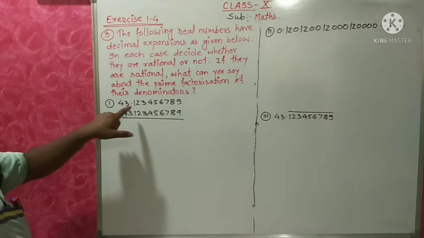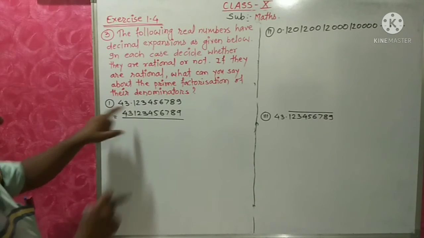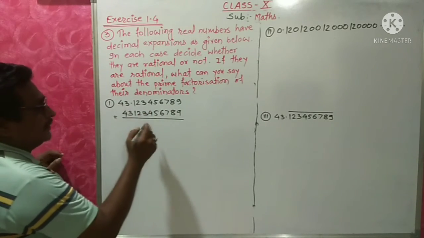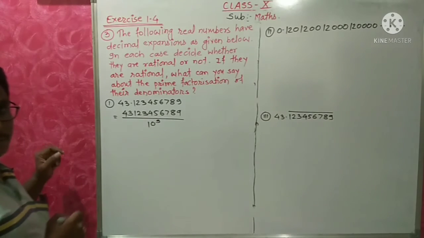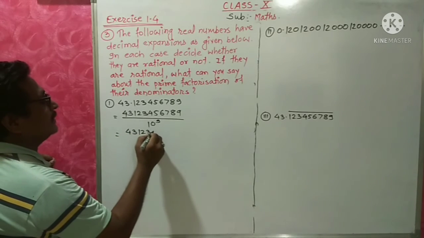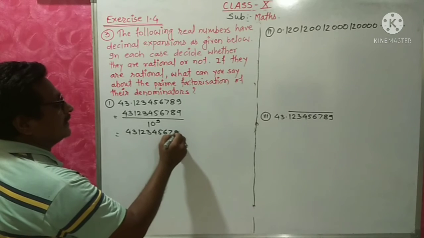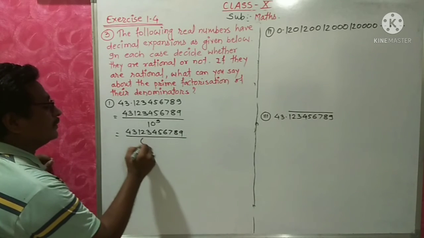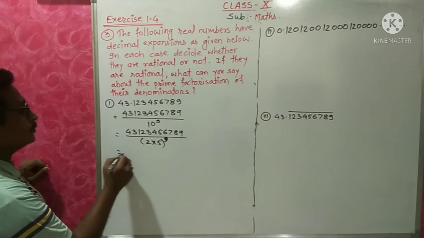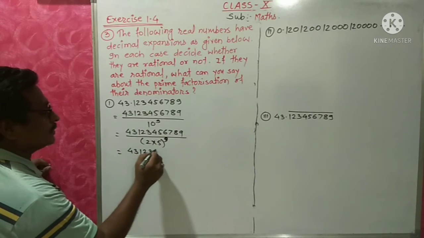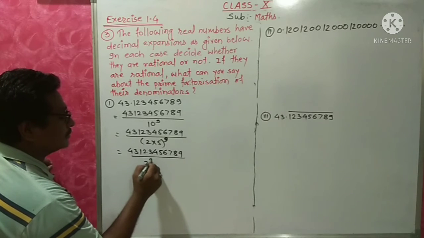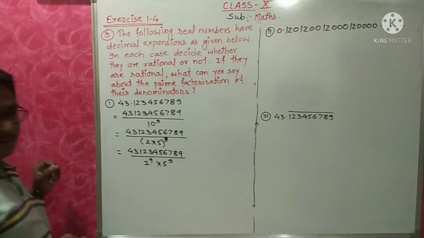Now after how many digits is the decimal? 1, 2, 3, 4, 5, 6, 7, 8, 9. That means 10 raised to the power 9. So what will we get? 4, 3, 1, 2, 3, 4, 5, 6, 7, 8, 9. So how can we write it? 2 into 5 raised to the power 9. So 4, 3, 1, 2, 3, 4, 5, 6, 7, 8, 9 by 2 raised to the power 9, 5 raised to the power 9.